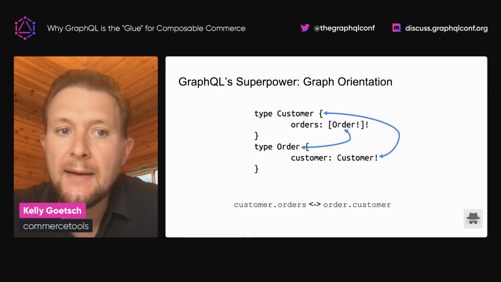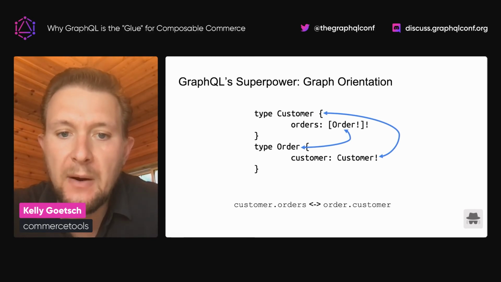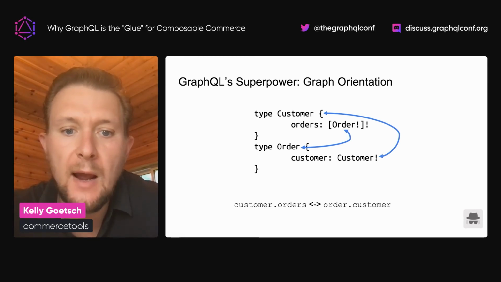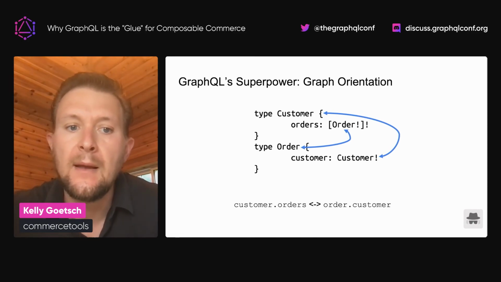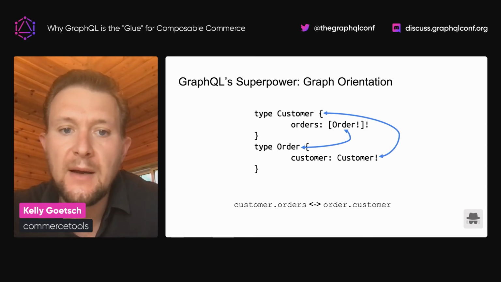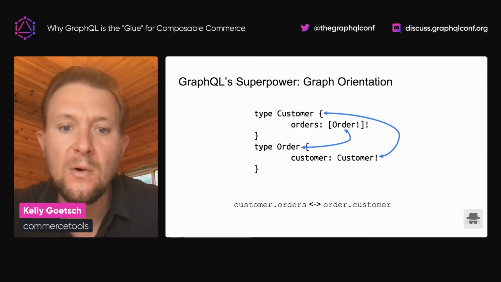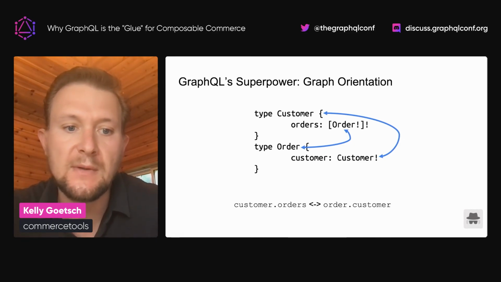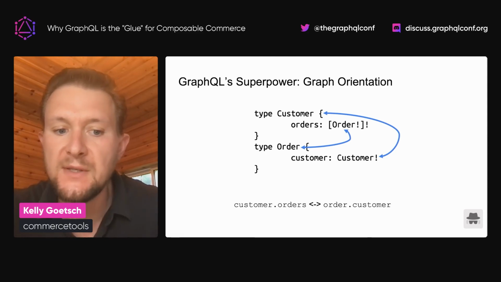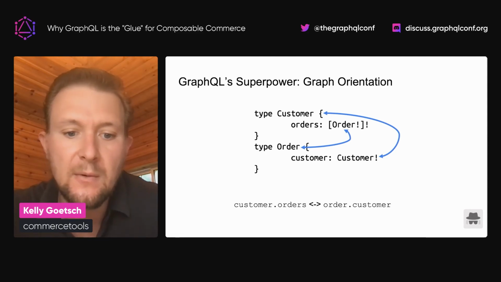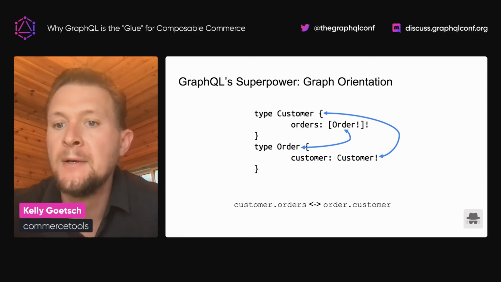I also want to highlight GraphQL's superpower. It's graph orientation, right? It goes back to the name of it. And what's nice here is you can define a customer type, and then you can define an order, right? And you can retrieve the orders, but they can reference each other. So you can call customer.orders or order.customer, right?